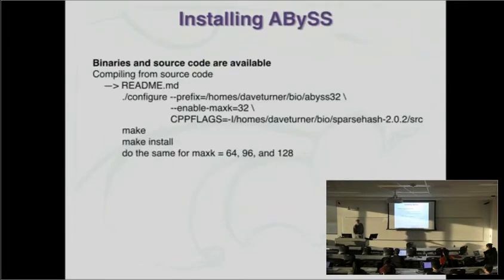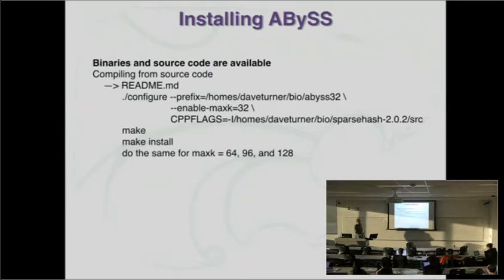Another example is this ABySS code. This was much more straightforward. Configure. I gave it this place to do the install, but there are a couple other options that I gave it to make it run more efficiently for memory reasons.